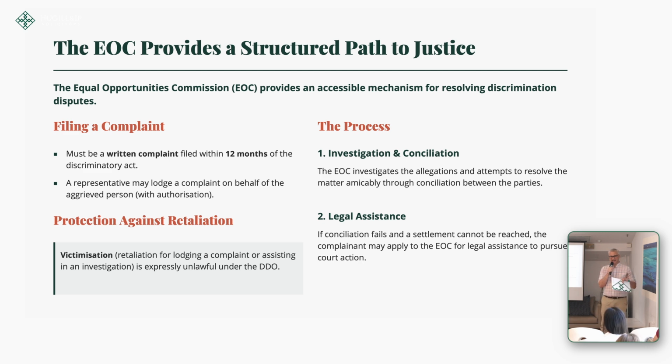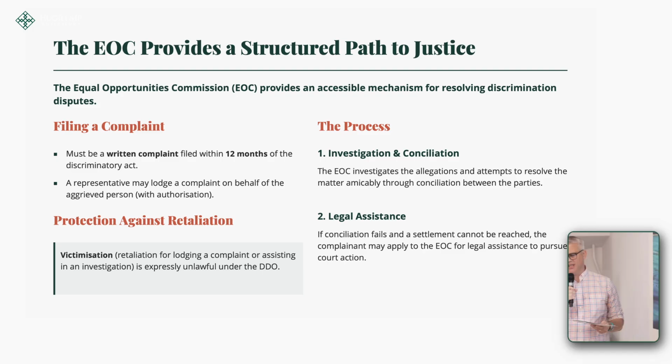Tends to be slightly in the grey, the way that they conclude these things, rather than absolutely we think you've been discriminated or absolutely we think you haven't. And then what the EOC can also do is provide legal financial assistance for you to pursue your case through the district court if they believe that there's good grounds for discrimination.